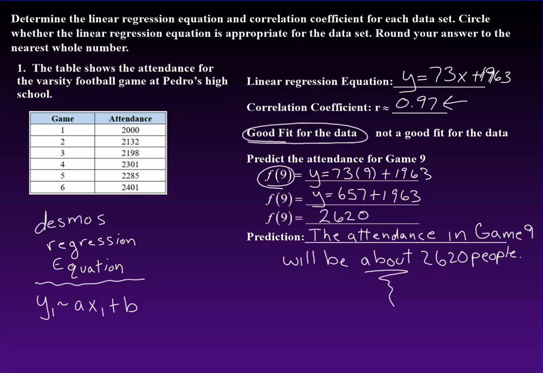The reason we use the word about is, again, it's a prediction. Okay? It's not a fact. The game hasn't happened, so we don't know the actual value. So it's our prediction, and so we have to use the word about.